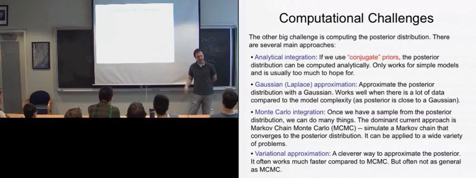Variational approximations are to some extent biased because you can never recover the true posterior distribution. MCMC gives you asymptotic guarantees that under certain assumptions, eventually you'll be sampling from the posterior distribution. But again, if you look at the field of machine learning in particular, there's a whole group of people working on variational approximations. And we'll see some of that again in the second half of the class.